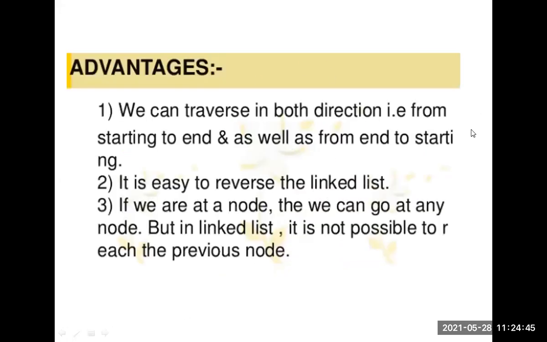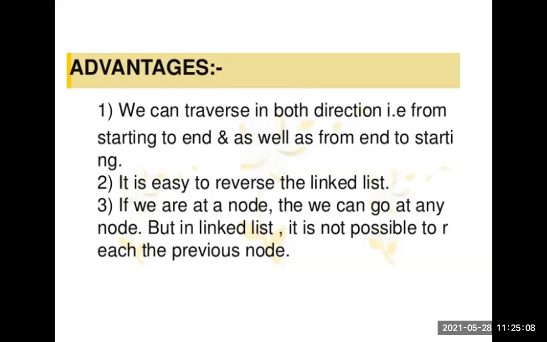Next, what are the advantages of a double linked list? As compared to a single linked list, we can traverse in both directions, whereas in a single linked list we have one direction only. Here we can traverse from starting to end as well as from end to starting.